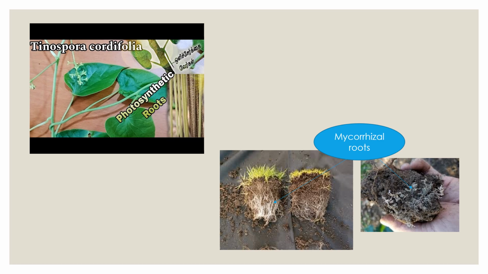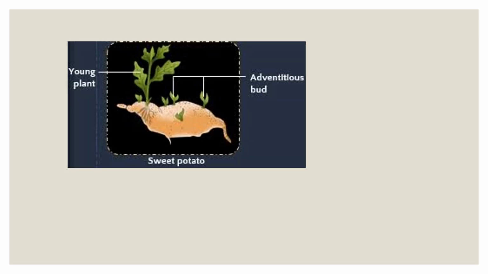As I said to you, it's a symbiotic relationship between the plant and the fungus. And also here we have the reproductive root. It's a sweet potato, as in the picture. It's a sweet potato, but it has buds that arise to develop the leafy shoot or the new plant, as in the picture.